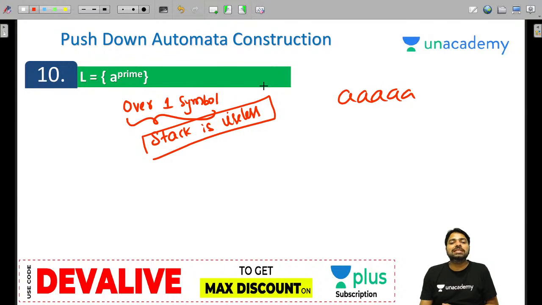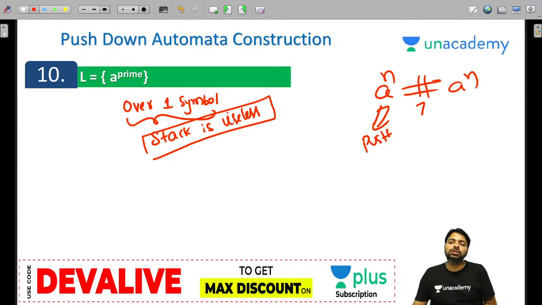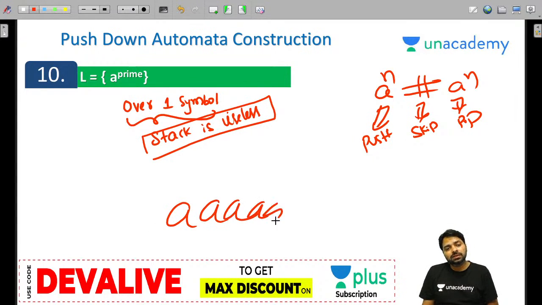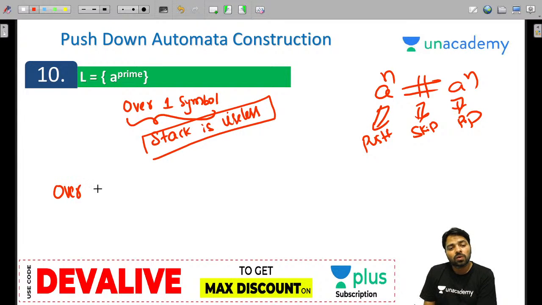There is no use of the stack when you have only one symbol. If you have two symbols, at least A power n, B power n will tell you to separate your logic: push, then change your logic, skip, then start popping. But if I have only A's, and that too a prime number of A's, it's just like over one symbol.